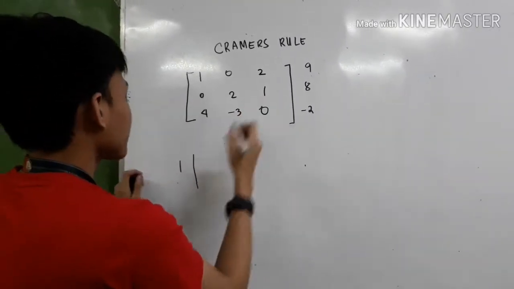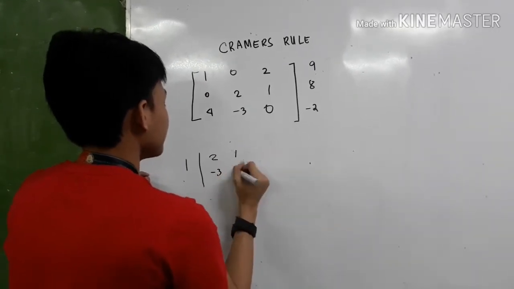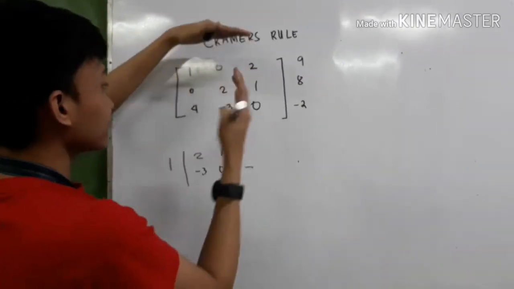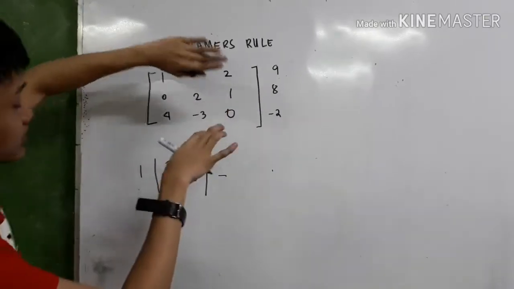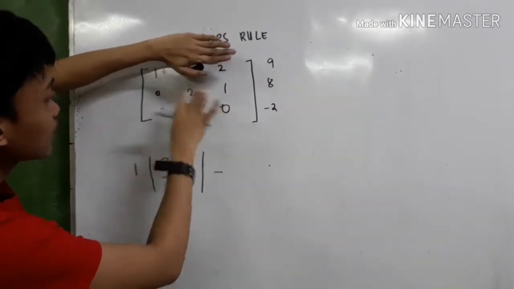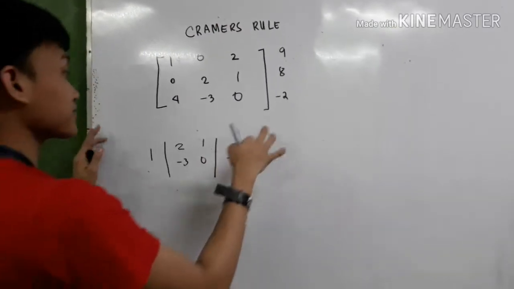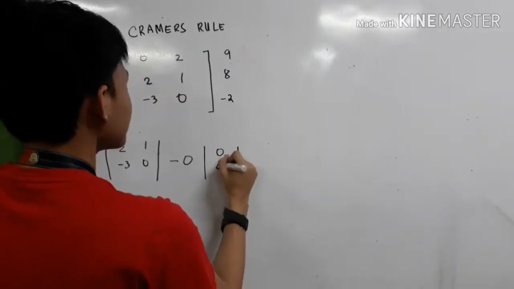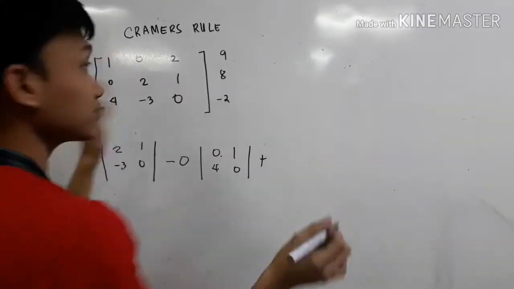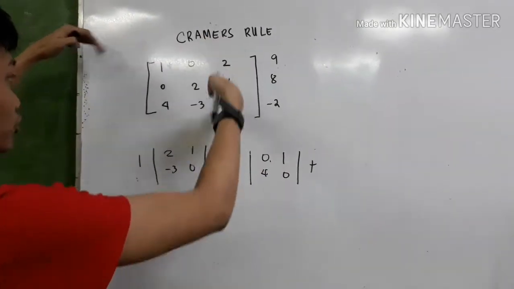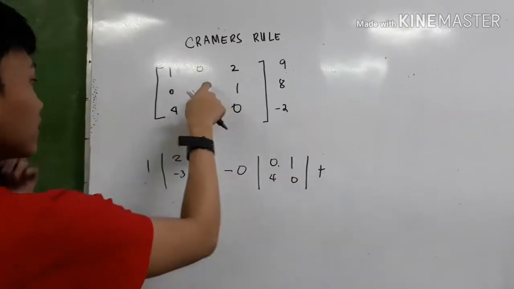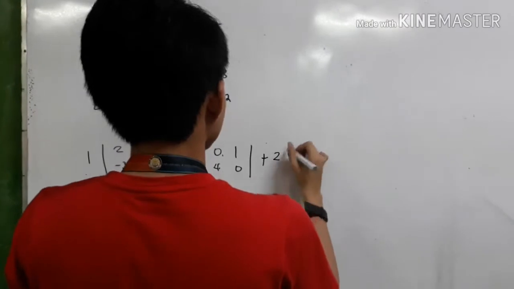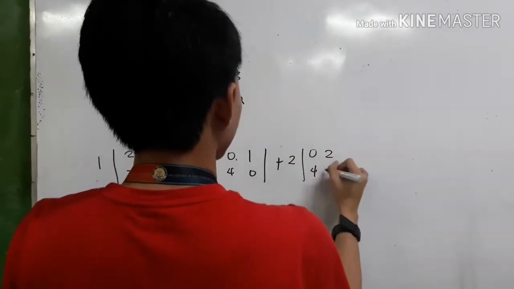So 2, 1, negative 3, 0, minus, and if we eliminate this portion, the numbers that are left are the equivalent. Let's substitute it here for the 0. So minus 0, 1, 4, 0, plus, again, let's eliminate this column and this row, and the remaining numbers, let's substitute down here. So 2 times 0, 2, 4, and negative 3.